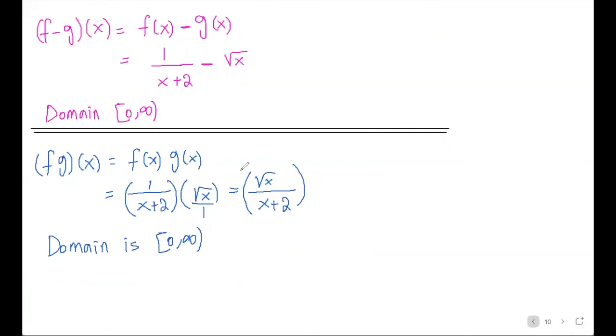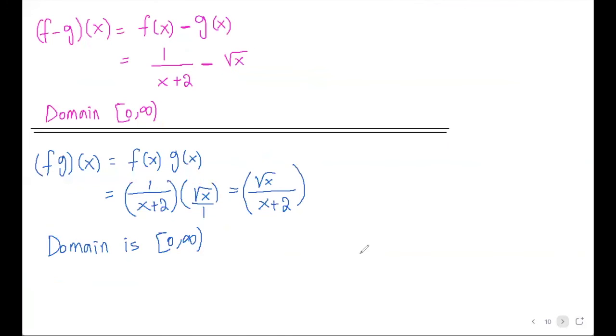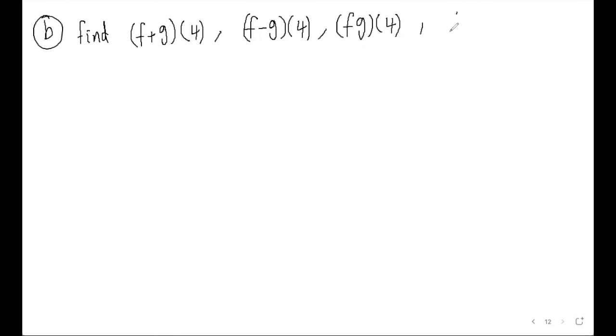This is here A, and this is B. B says find f plus g for 4, f minus g for 4, f times g for the number 4, and f over g, the quotient, for the number 4. We'll do the first one.